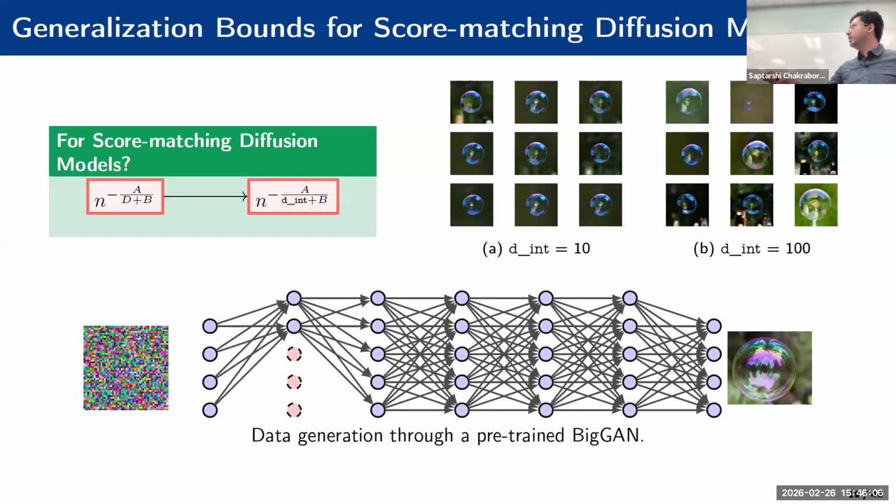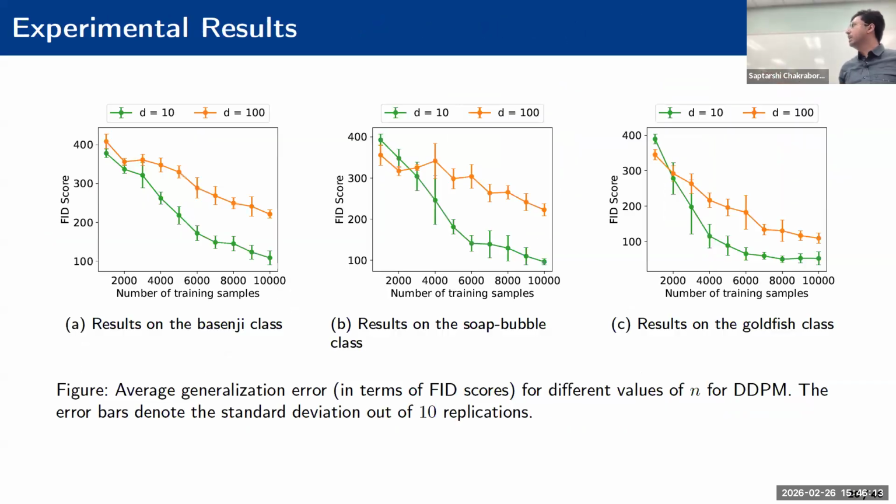And we ran some experiments on the generalization properties for such varying intrinsic dimensions. We varied the number of training samples, increasing them, and we plotted the FID scores for both these data sets. What we observed is that for different classes, the intrinsic dimension plays a big role, in the sense that if you have a higher intrinsic dimension, then generalization is much slower compared to a lower intrinsic dimension.